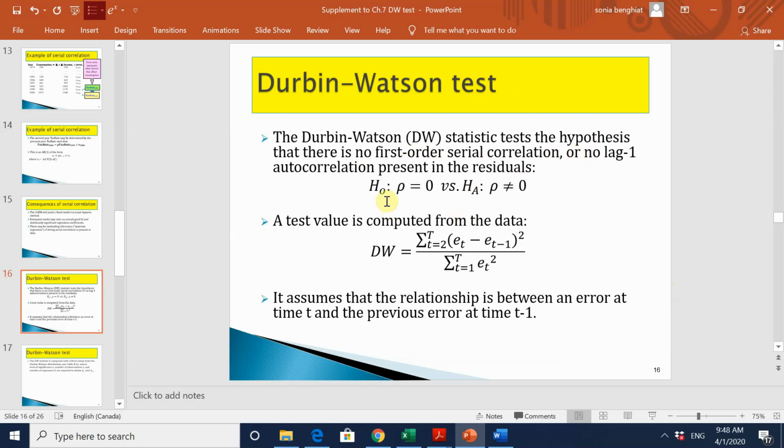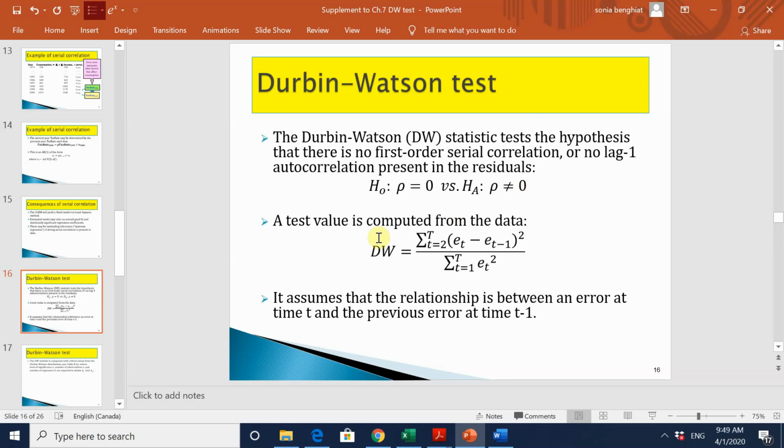And so here lies the null hypothesis. We say that the correlation between epsilon of t and epsilon of t minus 1 is non-existent, versus the alternative hypothesis, which says that there is some correlation between epsilon of t and epsilon of t minus 1.